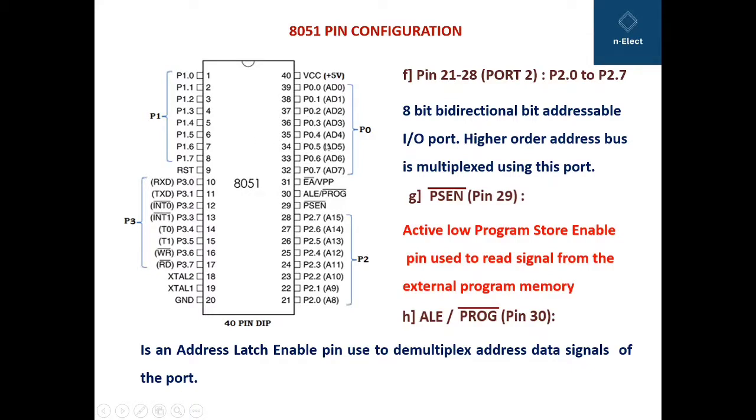Now here you can see from pin number 39 to 32, that is from P0.0 to P0.7, these port 0 pins are performing the alternative functions, and here you can see the address and data bus are in multiplexed mode. So here the demultiplexing of this address and data bus is required, which is done by this ALE pin. So address latch enable pin is used to demultiplex address data signals from the port P0.